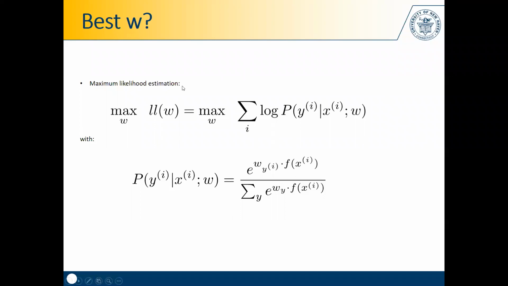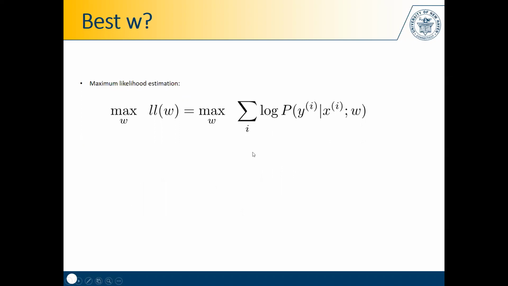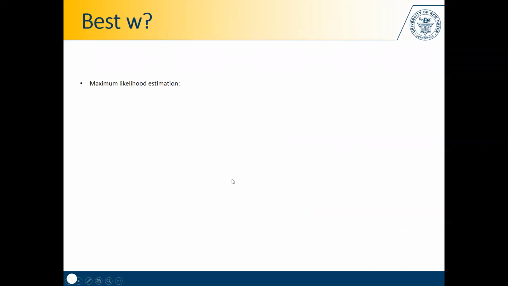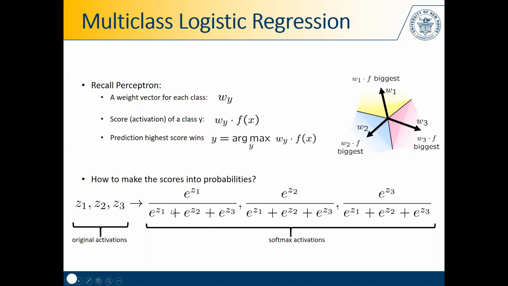Now, for multi-class classification, we know that the probability of each class, given the evidence, given the feature vector, is given by the sigmoid activation function. How do we know that? Well, this is essentially what we're looking for, right? This is the conversion of the scores into probabilities. This term here is essentially telling us the probability of class 1 being the correct class given the evidence.